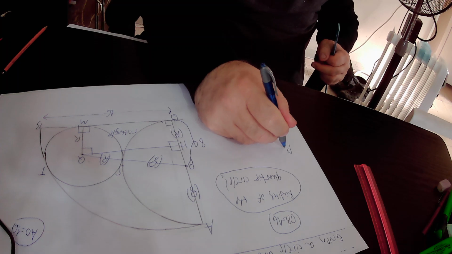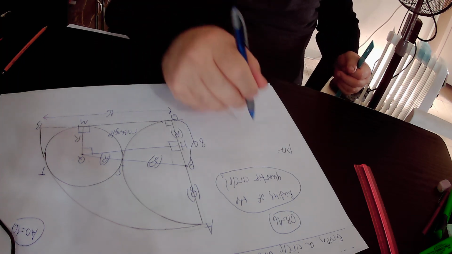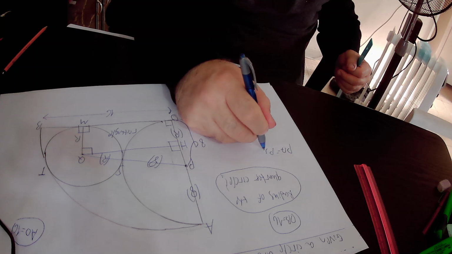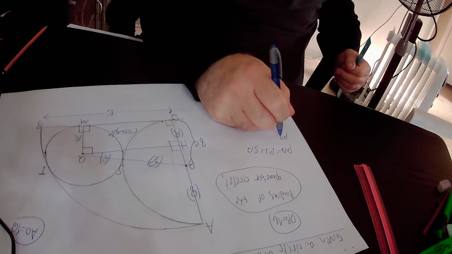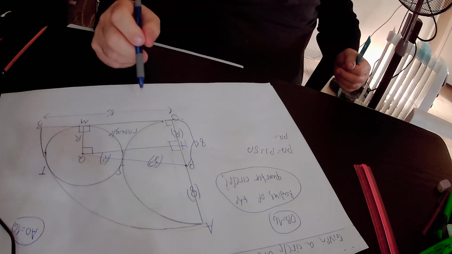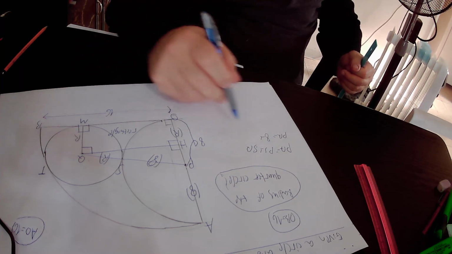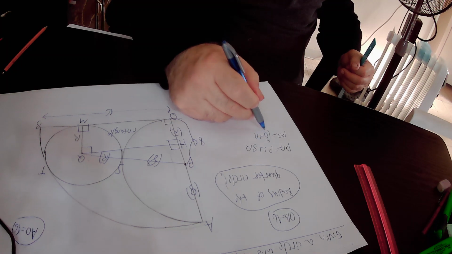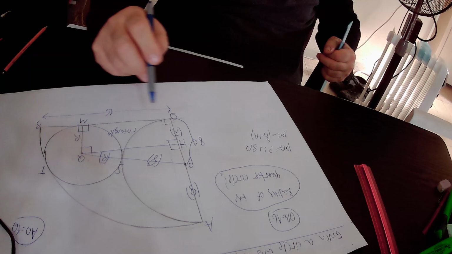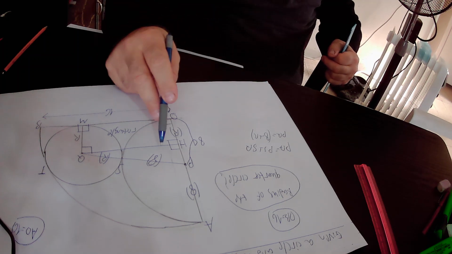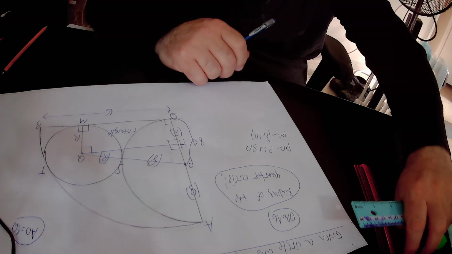PQ must be equal to PS plus SQ. So PQ equals PS, PS is 8, plus SQ. SQ is R. So in total, PQ equals 8 plus R.